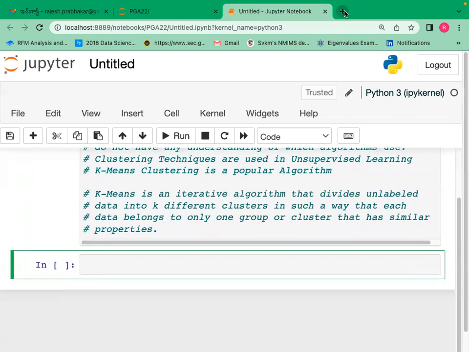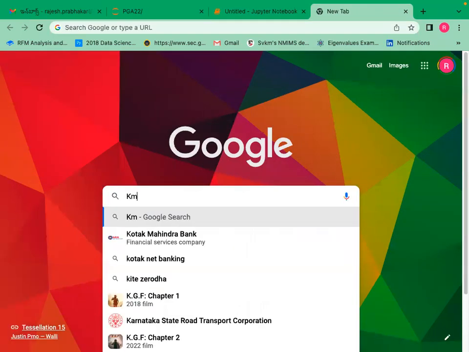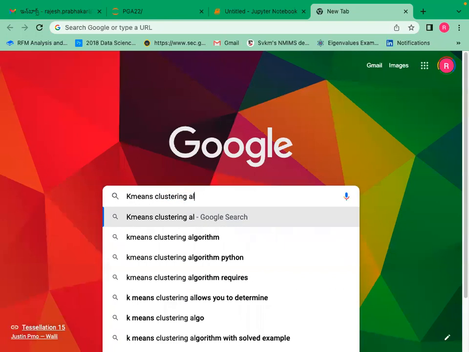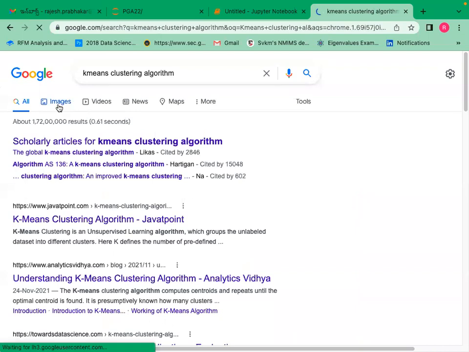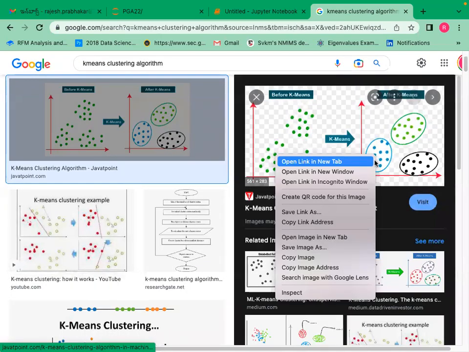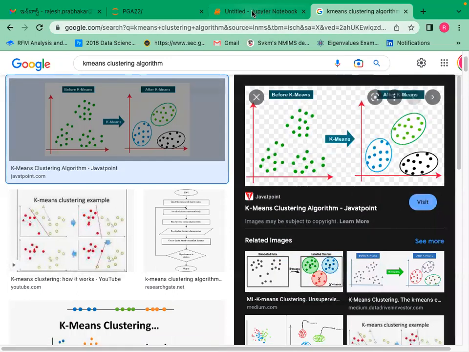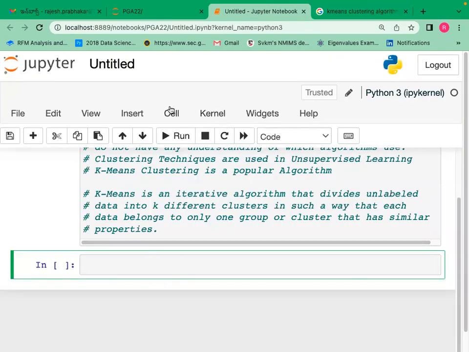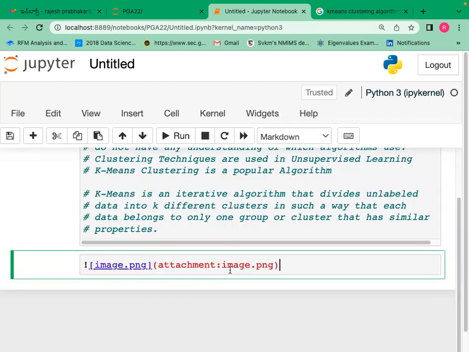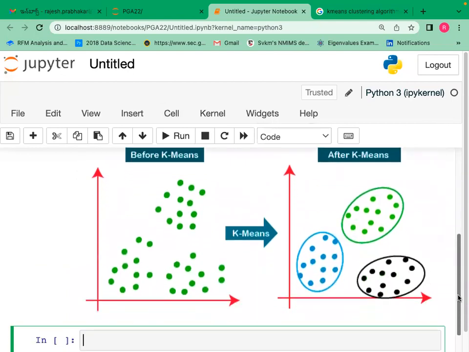Now, if you are looking at what it does, before the data looks like this, then after k-means clustering, you will have a clear-cut grouping of data.